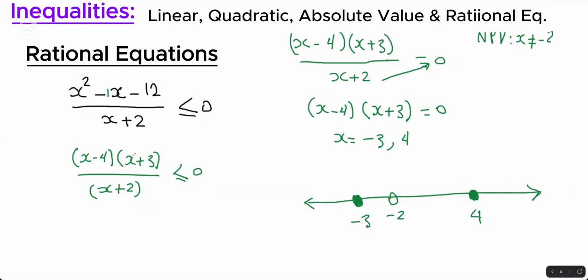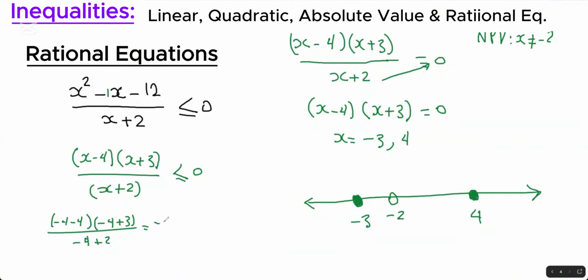It's easier to deal with the factored form because when you start subbing in numbers, it's easier to calculate. So we're going to use -4 here. If I use -4 in this line segment, I put in -4 minus 4 and -4 plus 3 over -4 plus 2.